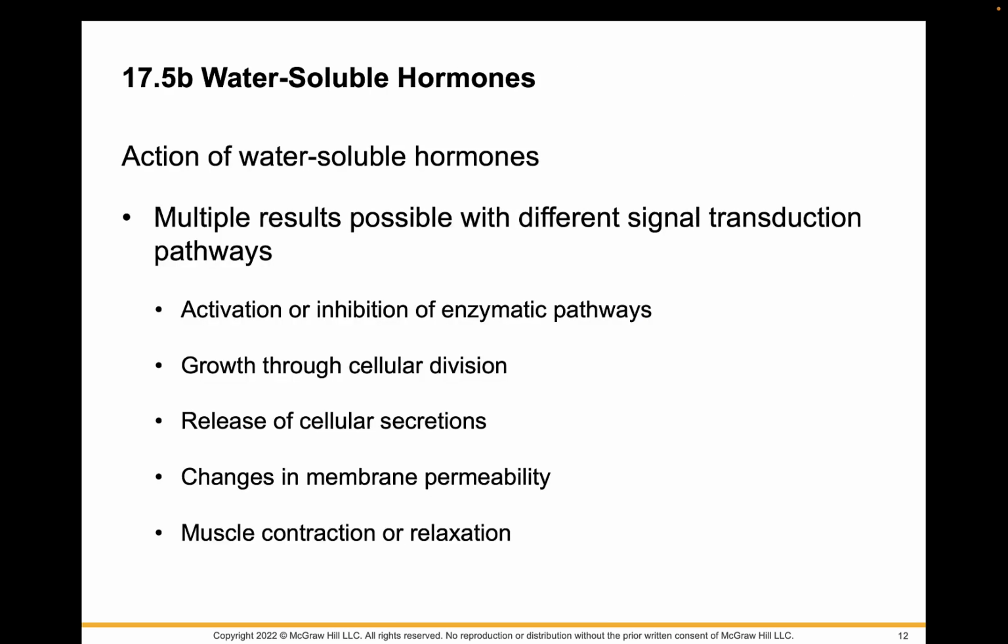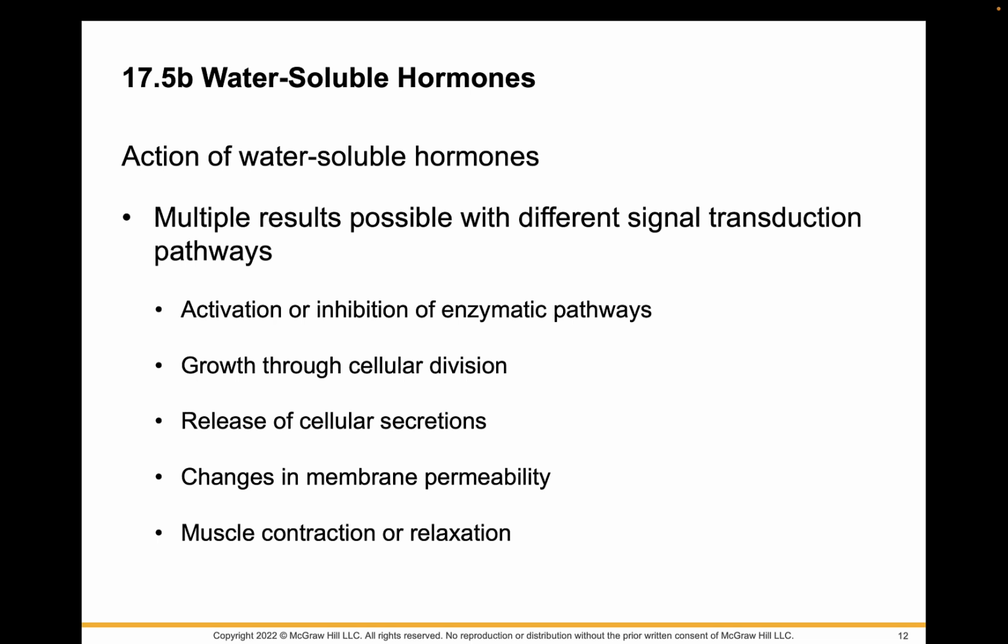Now, notice I've been pretty generic about how they work. Now, let's take a step back, and we need to remember that there are lots of water-soluble hormones. So because of that, they do have a general mechanism which they are going to follow, hence the saying variation on a theme. But what they end up causing to happen are lots of different things.